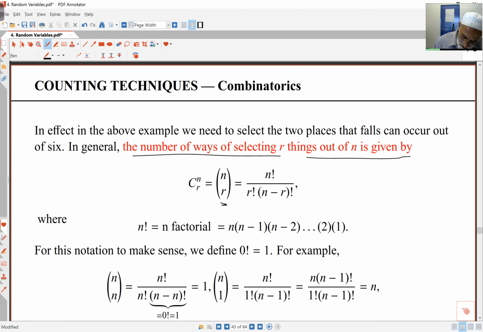And that's worked out by N factorial over R factorial times N minus R factorial. Where N factorial actually means multiplying the numbers N down to 1. And for this to make sense, we define 0 factorial to be 1.